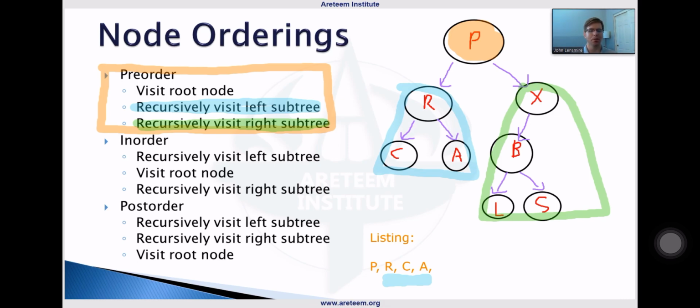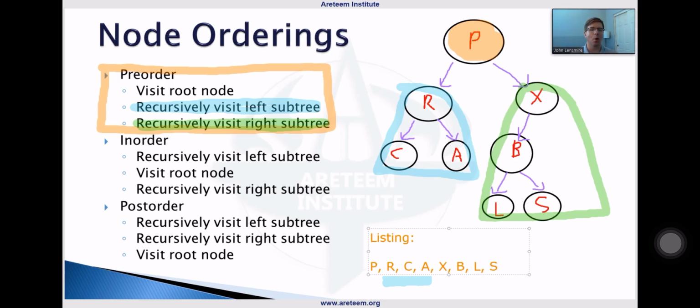Now, we're going to do the same type of thing for this other side. We visit the root node, X. Then we visit the left subtree. For the left subtree, we first visit the root, that's B. Then we visit recursively the left subtree that only has L, so we're done there. We visit the right subtree, it only has S, so we're done there.